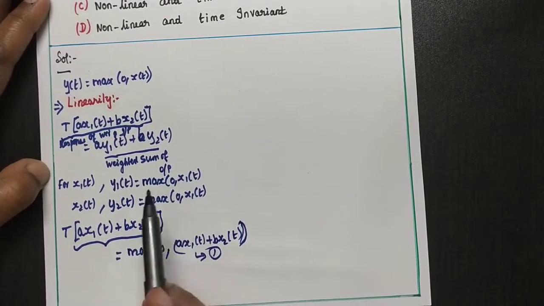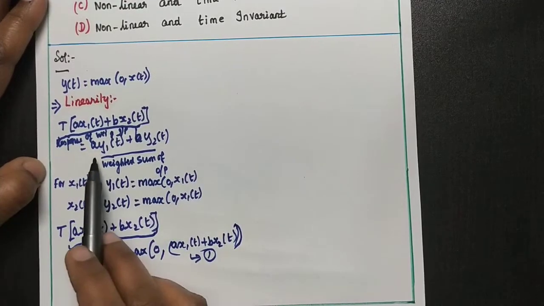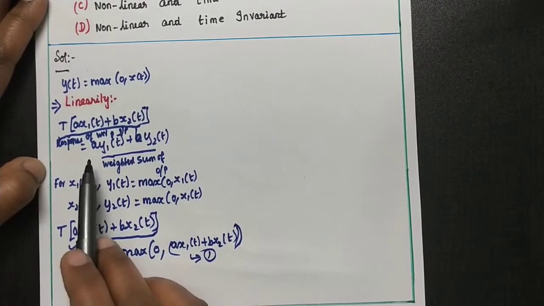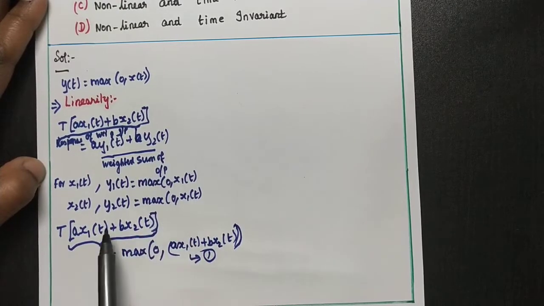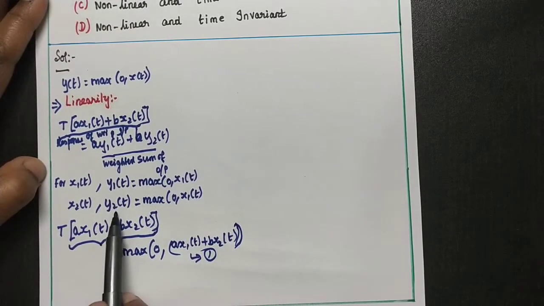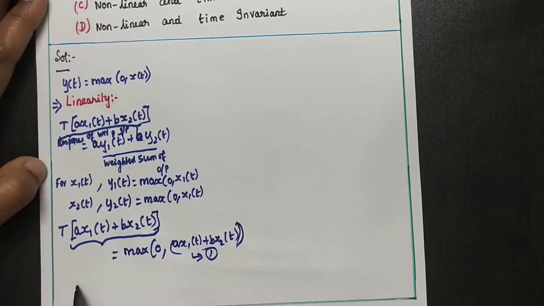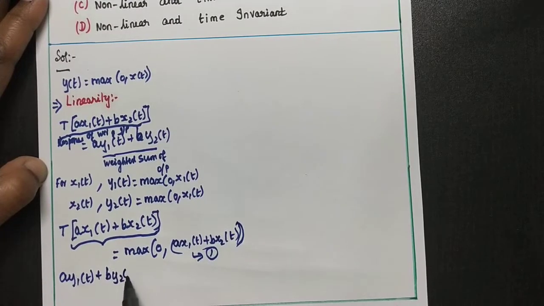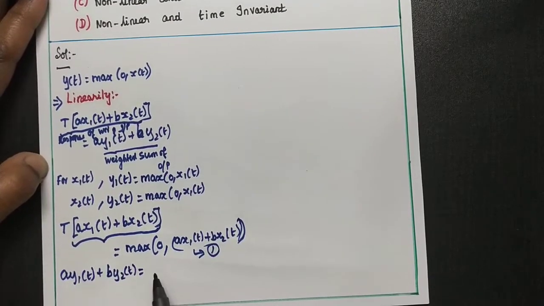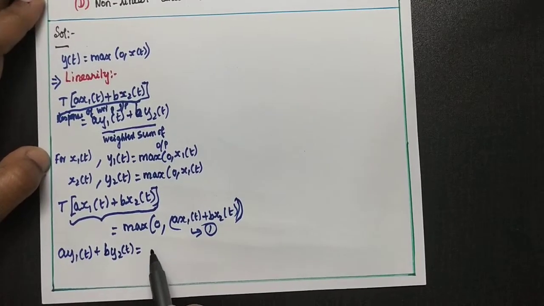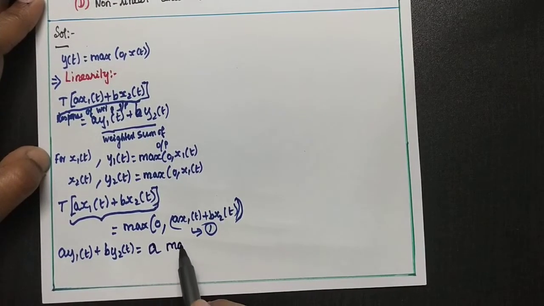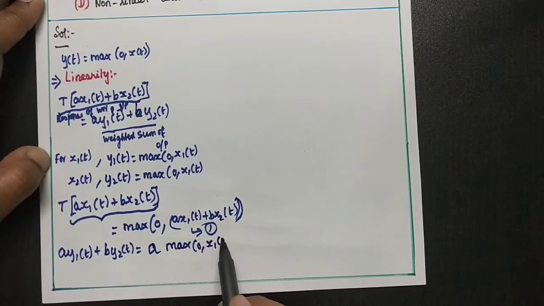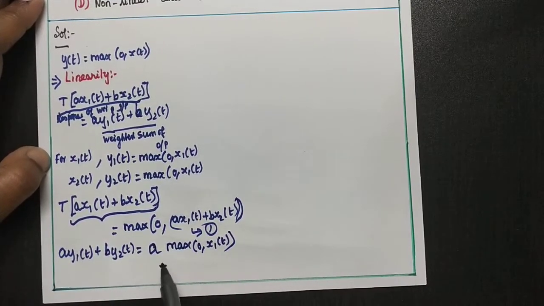Let me find the other direction, that is the weighted sum of output signals, a y1 of t plus b y2 of t. We already found y1 of t and y2 of t, so let me substitute. a y1 of t plus b y2 of t equals a into maximum of 0, x1 of t, plus b into maximum of 0, x2 of t.